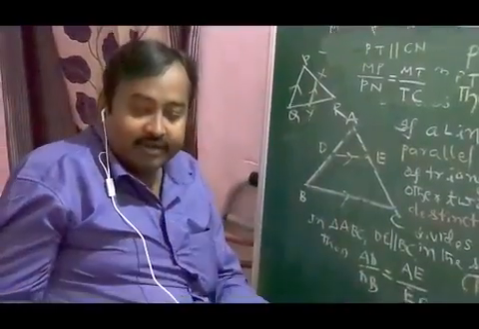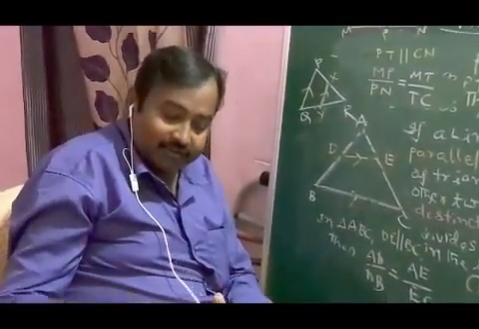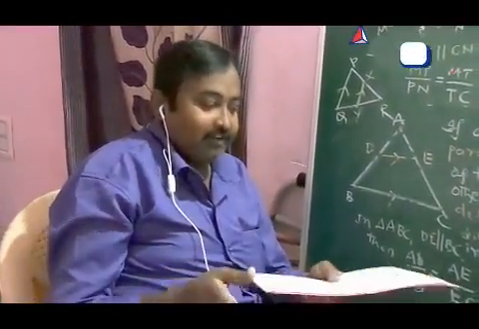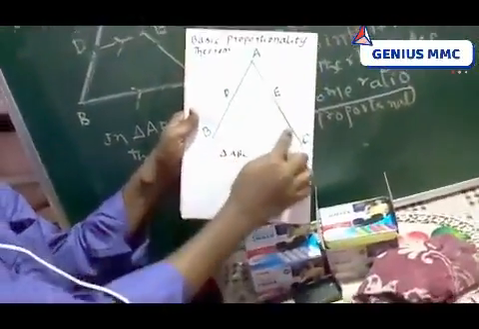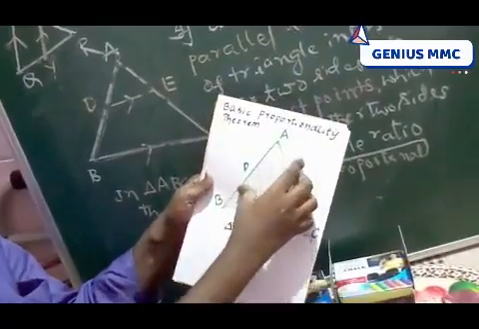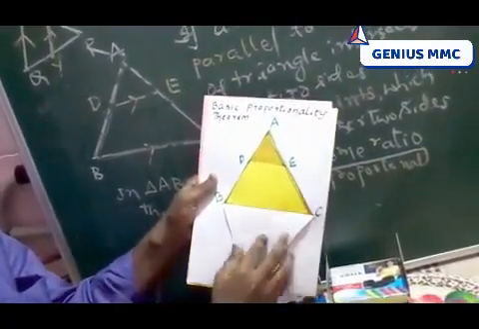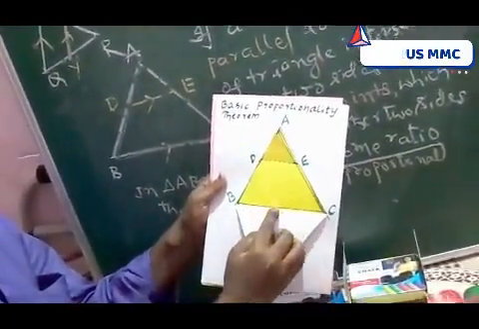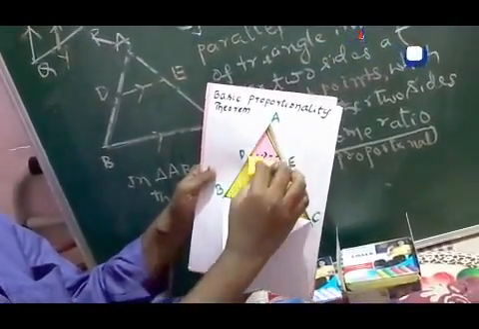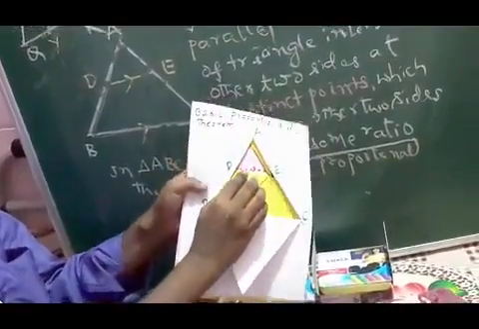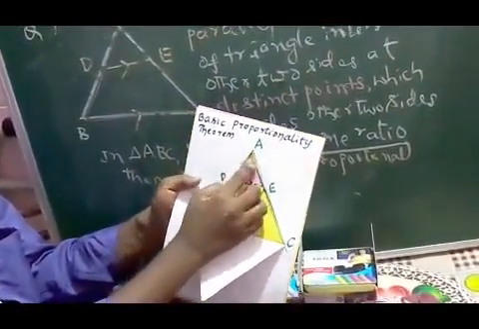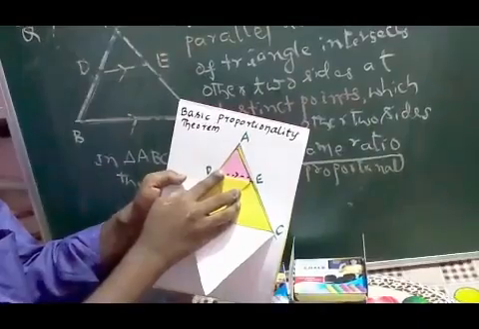So we can do the activity like this also at home. One by one we should remember the points here. This is a triangle. After that, a line is drawn parallel to one side of the triangle. Then after that, see, a triangle is formed.